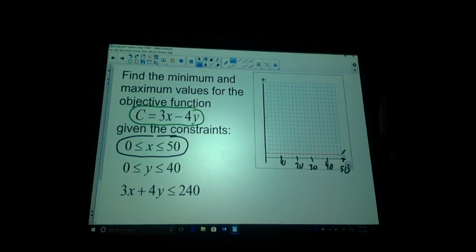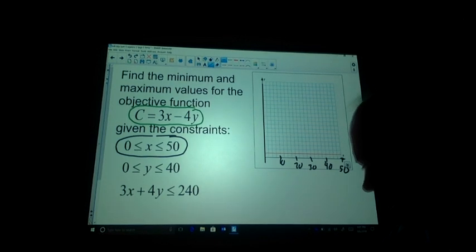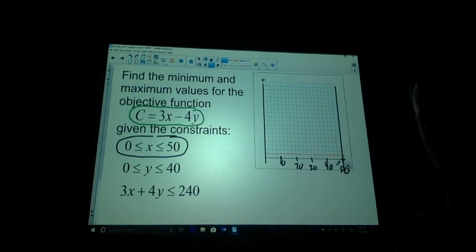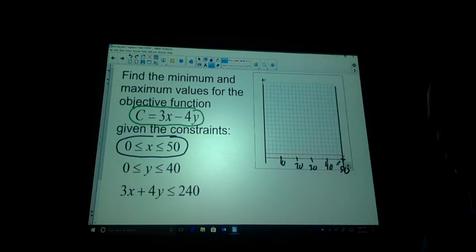All right, so what does x equals 50 look like? Well, that's another vertical line that goes through 50, so it's all the way over here. So now we're going in between these two. Okay? And then look at the y direction. That's saying, okay, we're going to do 40.